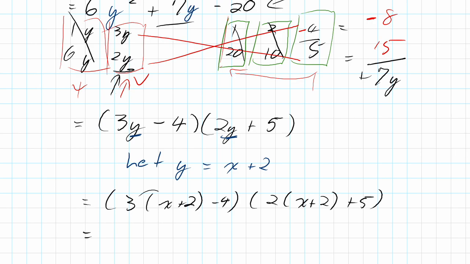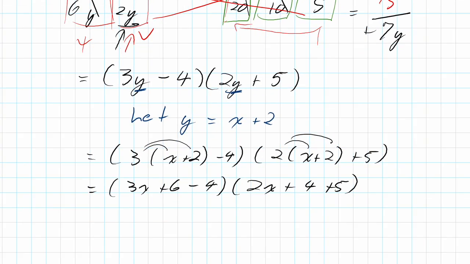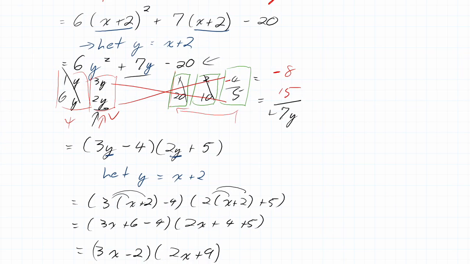We do a little bit of distribution here, and we end up with 3x plus 6 minus 4. We do a little distribution here, we get 2x plus 4 plus 5. And then we get to the final part of this question. We get 3x minus 2 and 2x plus 9.